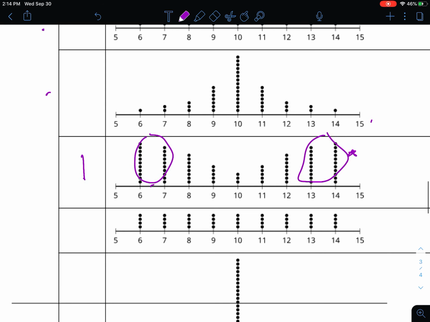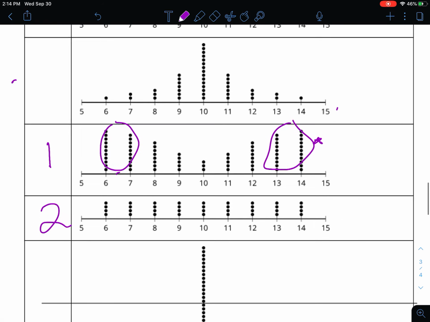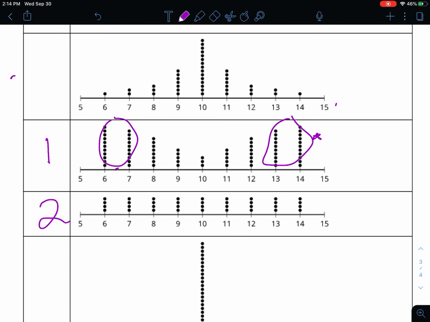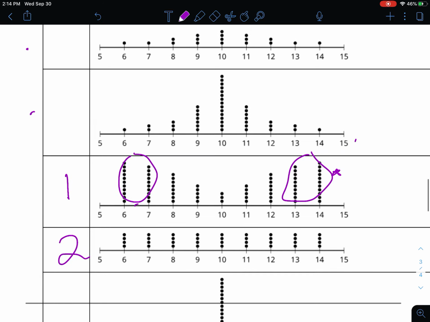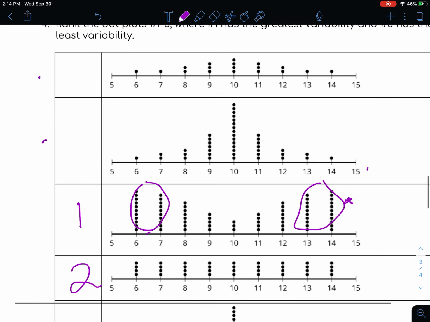If you find clumps of data in one spot, that's less variability. Whereas this one here, this uniform data right here, is going to be kind of spread out but uniformly and not clumped together. So that has a lot of variability. Things could go from 6 all the way up to 14. We just don't really know where most of the data is. It's kind of uniformly spread out.